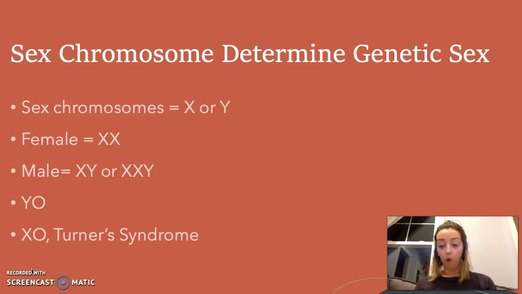If only a Y is inherited, so no X, that would be YO, and this embryo will die because the X chromosome is larger and has essential genes that the Y chromosome does not. If only an X is received, this would be XO, and this embryo would develop into a female, but this would be a genetic disorder because the second sex chromosome is missing, and this is called Turner syndrome.